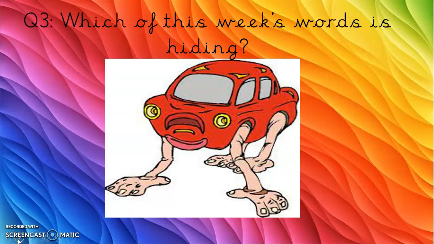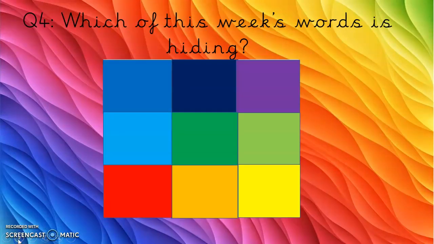We've got a car with arms and legs. That's very peculiar, isn't it? Can you write down peculiar? What an odd picture. How do we spell it? Peculiar. P-E-C-U-L-I-A-R. Peculiar.